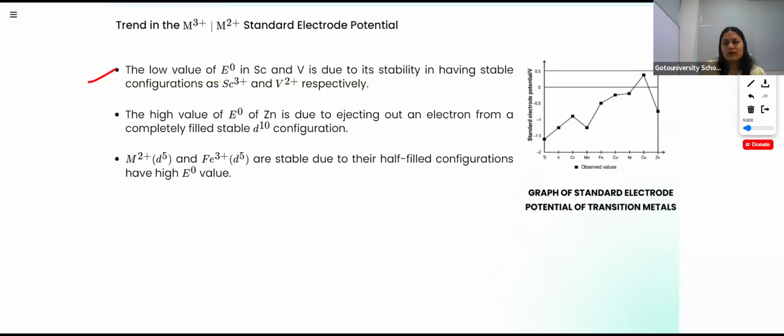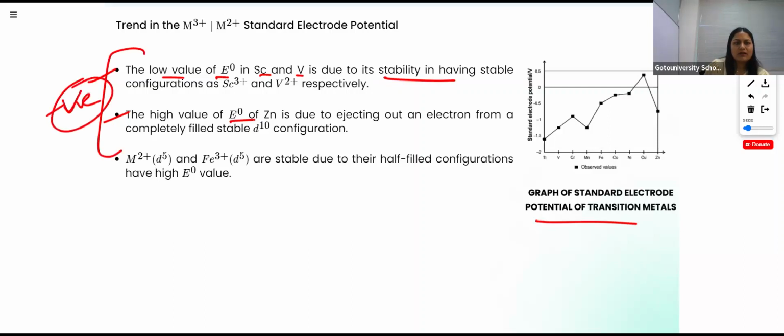Now here we have the trends of standard electrode potential that we have already discussed. The low value of electrode potential in scandium and vanadium is due to their stability. All these values we are discussing have negative values.